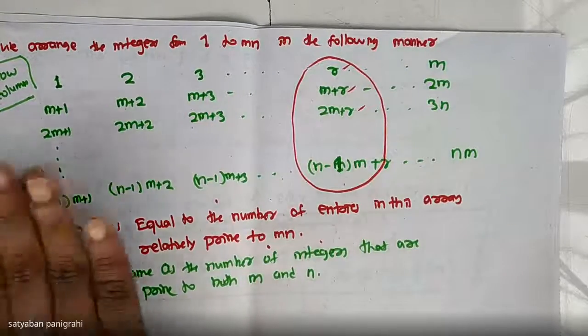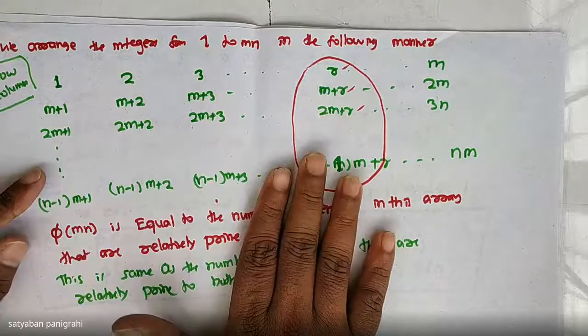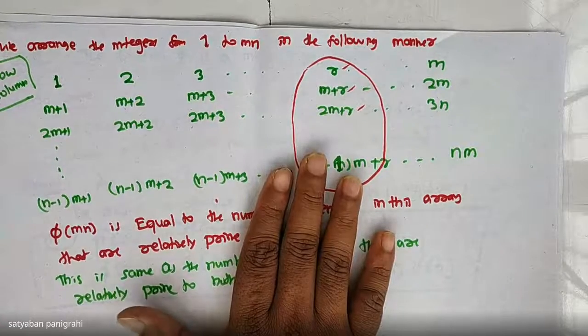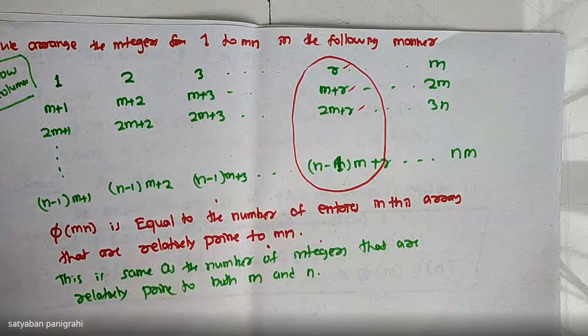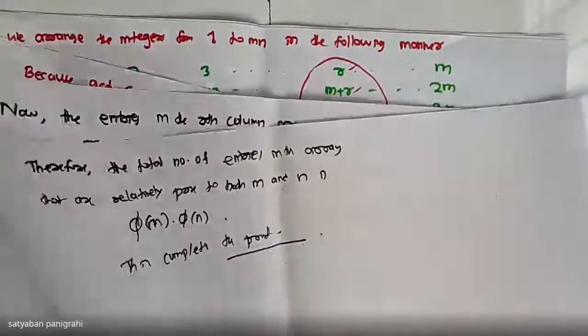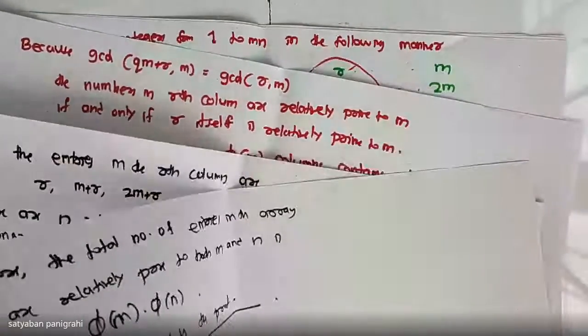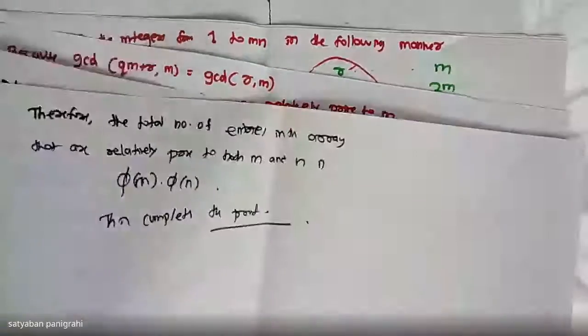So in total phi m into phi n numbers are relatively prime to mn, and this is the systematic proof of this theorem. Okay, clear? Yes, sir.